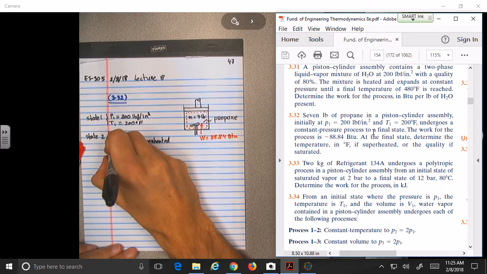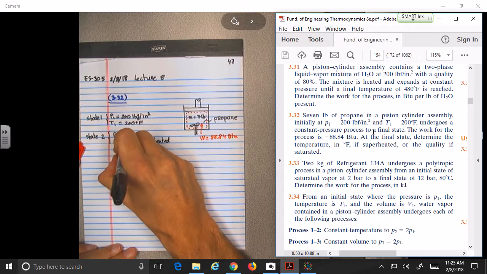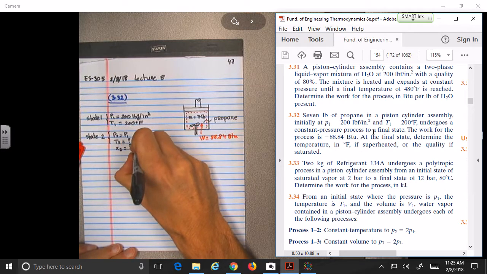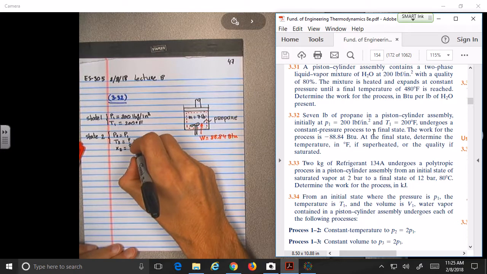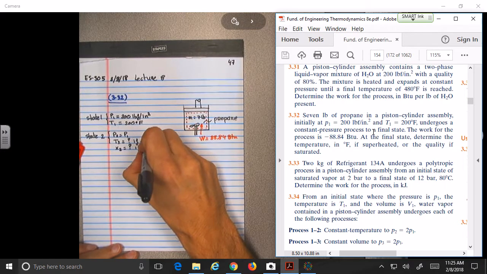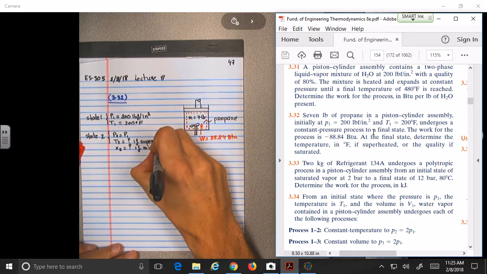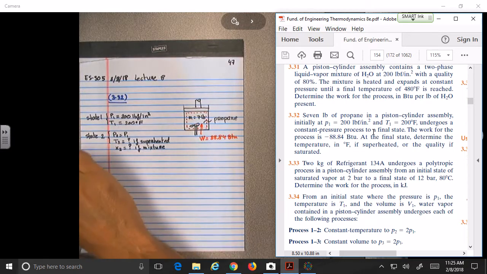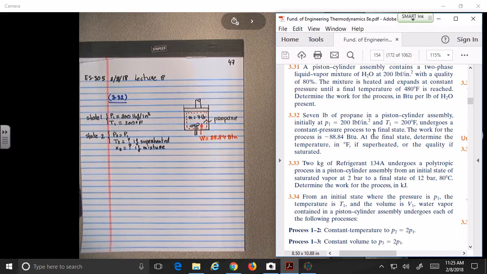The quality is the letter x if it's a mixture, I guess they mean here, because if we saturate it, it's going to be 1.